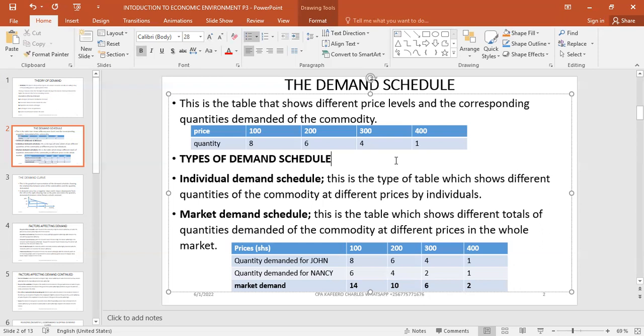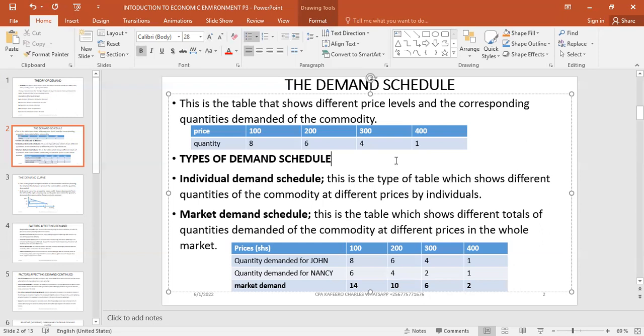Let's say for example, as we're seeing down here, we have a quantity demanded by John and quantity demanded by Nancy. You may see that at different prices, everyone is buying different items.